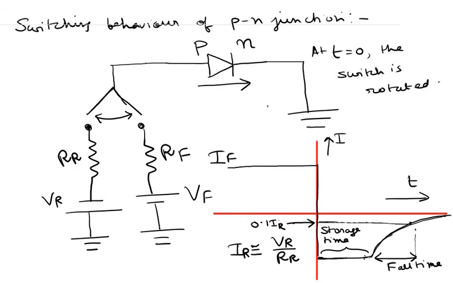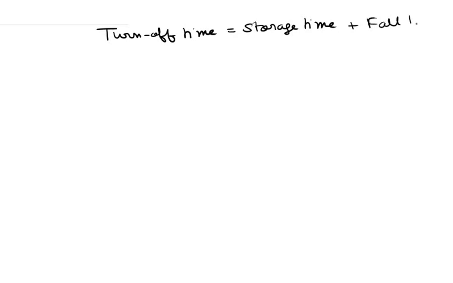The turn off time of the diode is the time required to bring the diode from forward bias state to reverse bias state, and this is equal to the storage time plus the fall time.